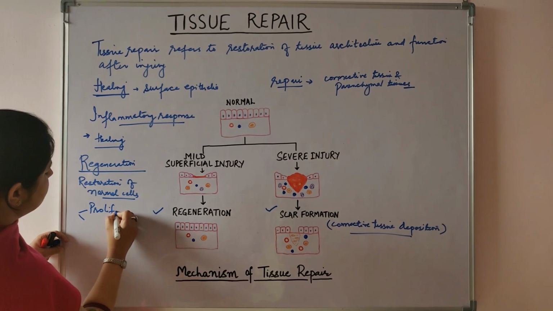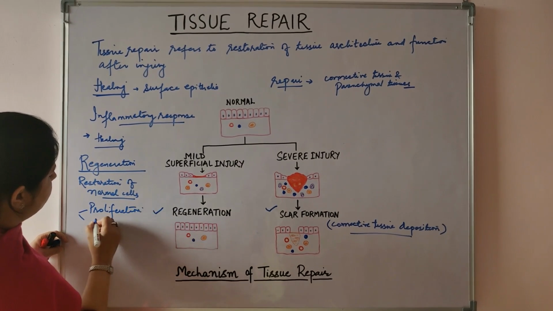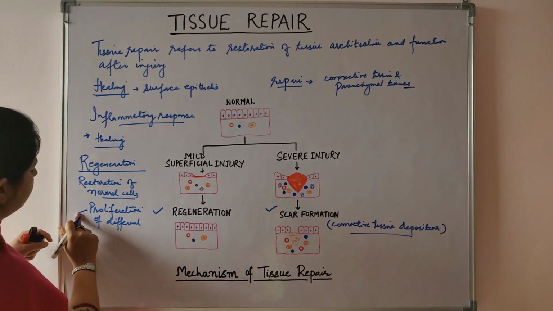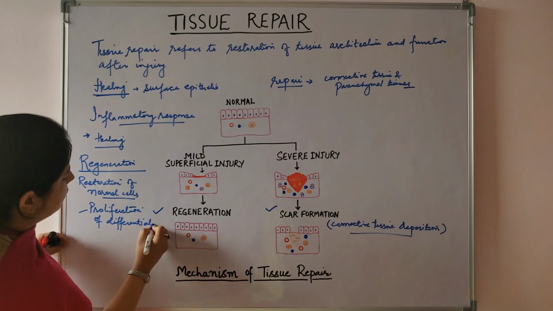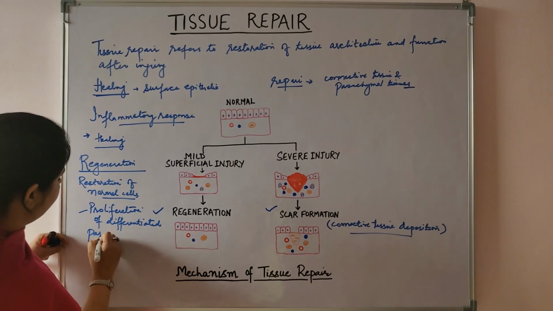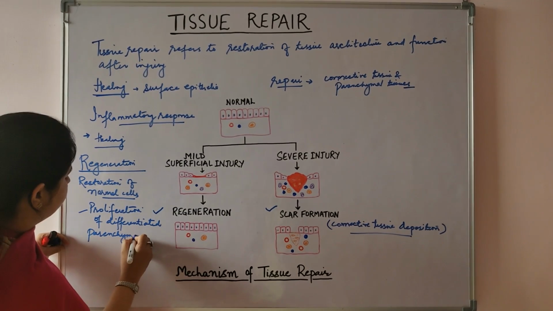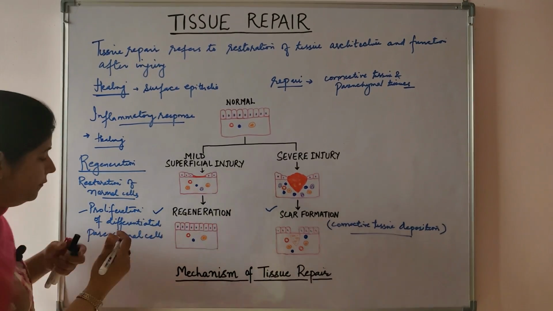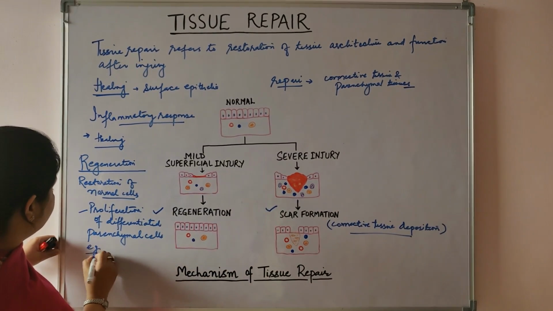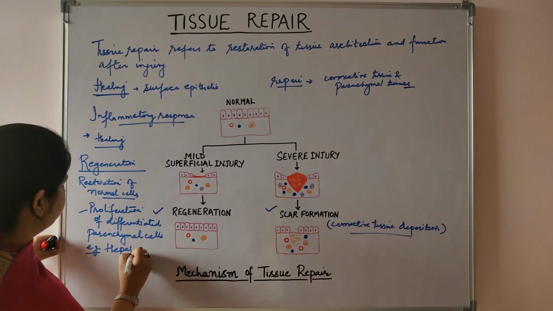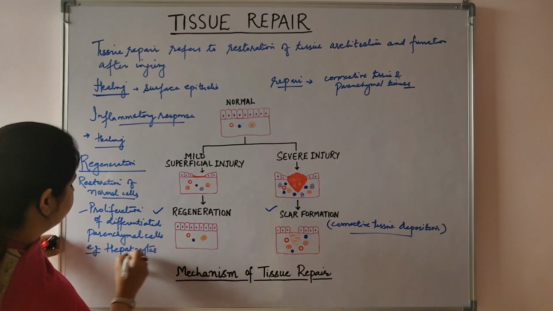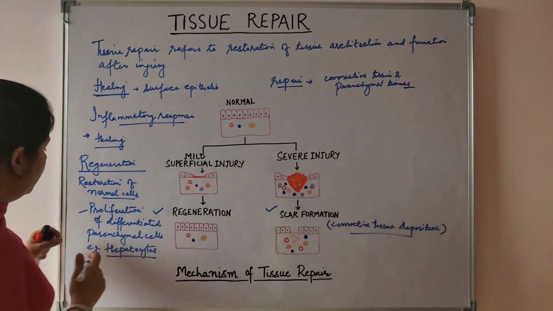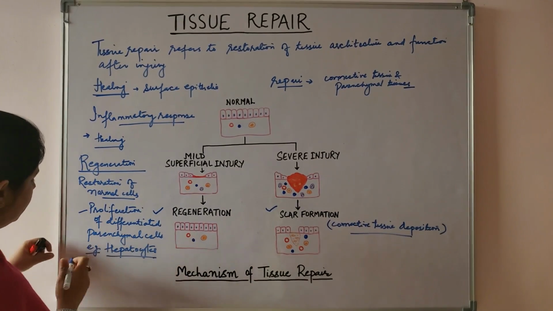First is proliferation of differentiated parenchymal cells that have the capacity to proliferate. For example, hepatocytes have remarkable capacity to proliferate, so regeneration occurs.